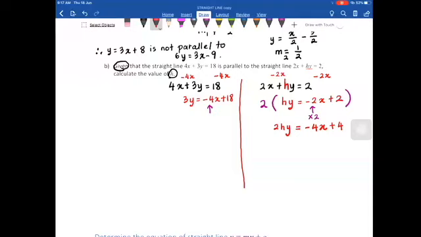You can see that my x punya coefficient dah sama. Okay, since dah sama, saya boleh ambil nilai y dan saya boleh compare. So, jadi which is 3y and 2hy. So Miss bawa dia turun. So 3 is equal to 2h.